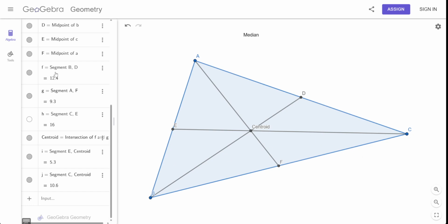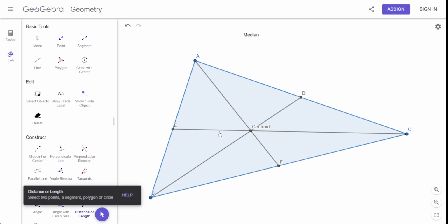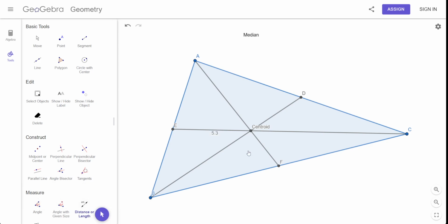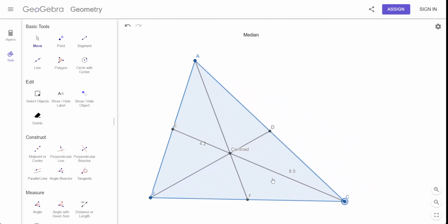So now I'm going to put the numbers in here and let's see if that's really true, distance or length. That's why I made them segments. So 5.3, what do you think this is going to be? And there it is. Isn't that cool? And it doesn't matter, I can move this thing around and watch what happens. Now they put 8.5. This is 4.2.